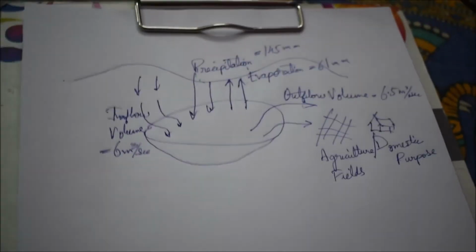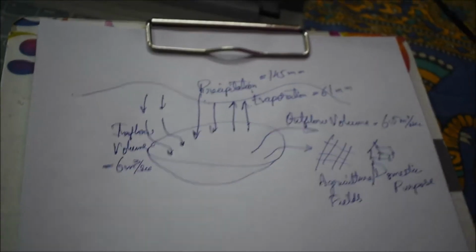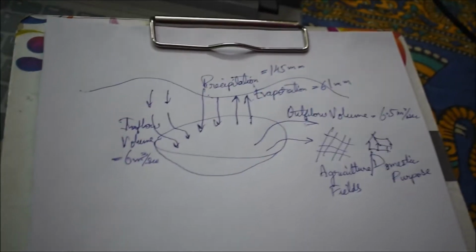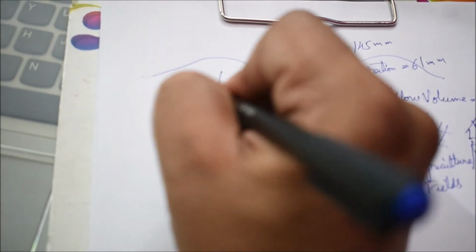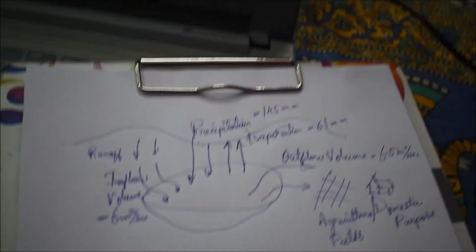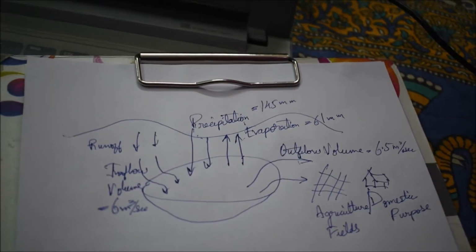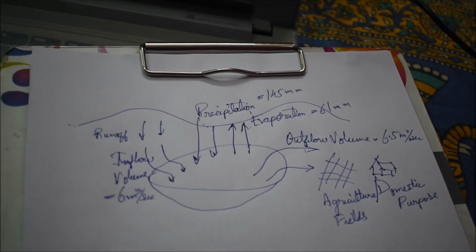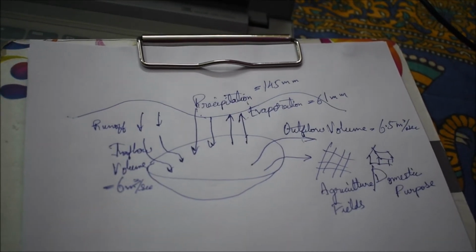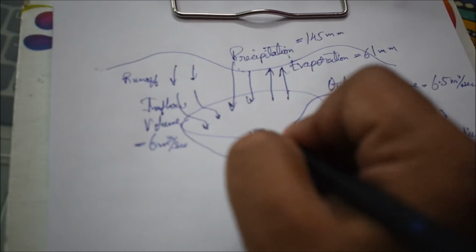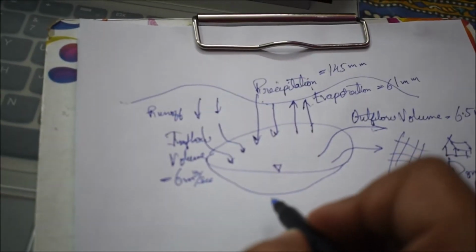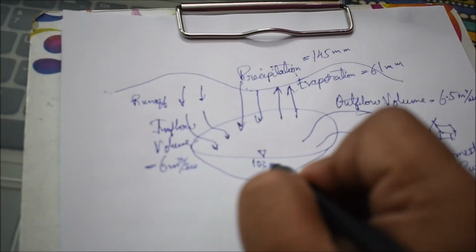So this happens, guys, in such a way that the water surface elevation depends upon these factors. That means the factors such as inflow volume coming as runoff from the ridgelines of hills and precipitation will add up to the increase in elevation of the water surface in the lake. Correct, no? So I'll also write the current water surface elevation, which is nothing but 103.2 meters above datum.